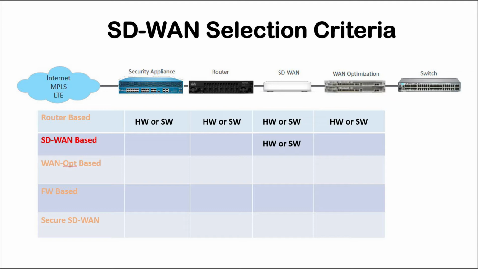You need the sophisticated capabilities of a next generation firewall with IPS, IDS, antivirus, URL filtering, DNS security, SSL proxy, and a complete suite of defense. So we hope this helps you understand the capabilities of a standard SD-WAN only based architecture when selecting your SD-WAN model.